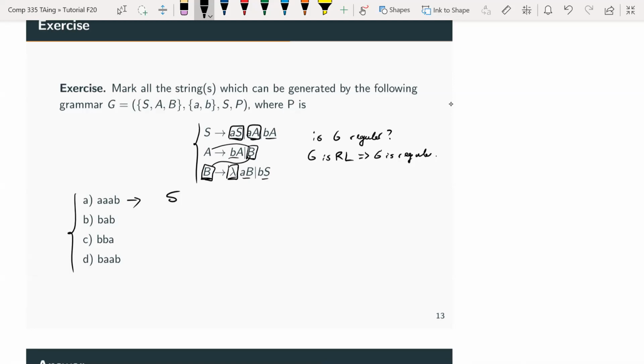So what I feel is the easiest route here to check is I'm going to repeat an A and S a few times. So S gives me AS, and then AS gives me AAS. And now I'm going to want to switch to A because I want to get to that B in time to get the lambda.